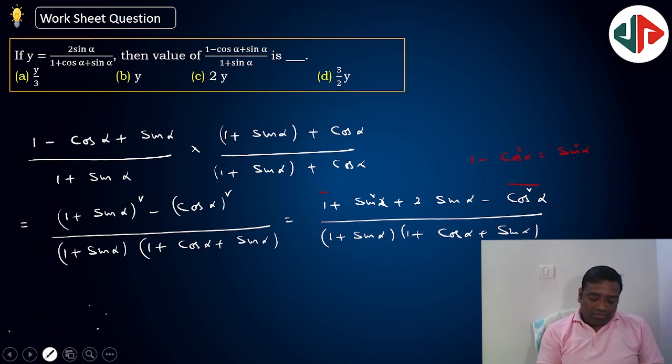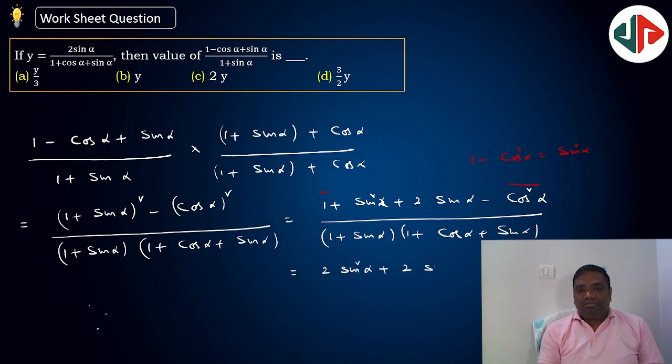So by using that value we can read it as sin square alpha plus sin square alpha, that means 2 times sin square alpha plus 2 sin alpha, by 1 plus sin alpha into 1 plus cos alpha plus sin alpha.